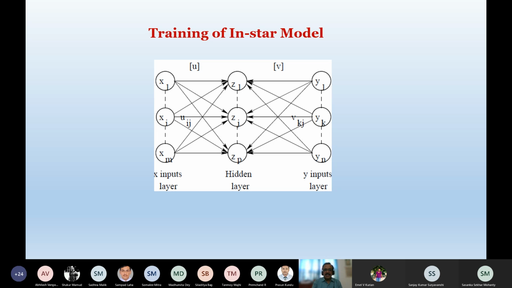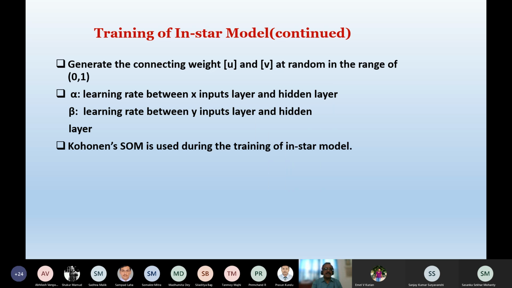Now let us see how it works. We generate the connecting weights U and V at random, lying in the range of 0 to 1.